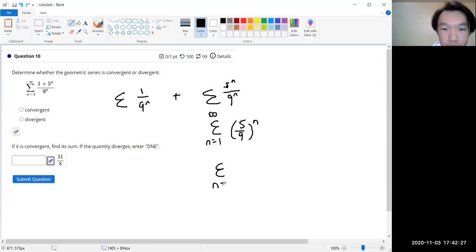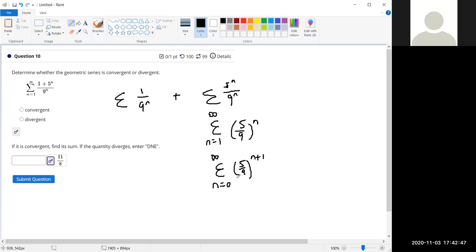So if I change it to 0, then I subtracted the index by 1, which means I have to add 1 to the exponent. Is that okay? Yeah.